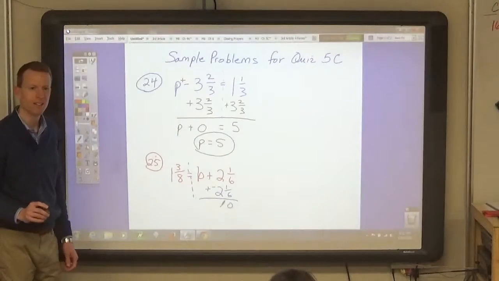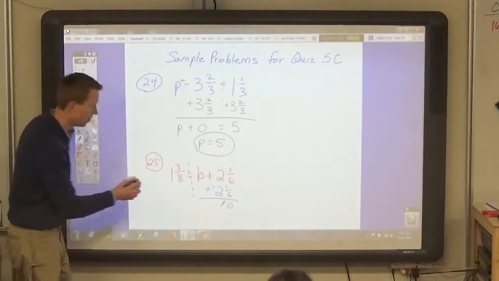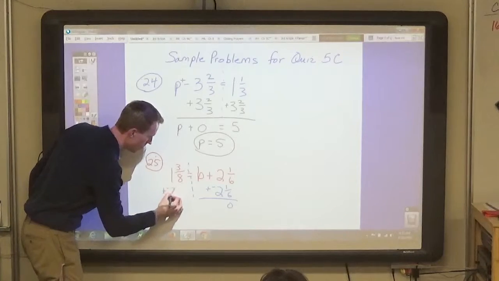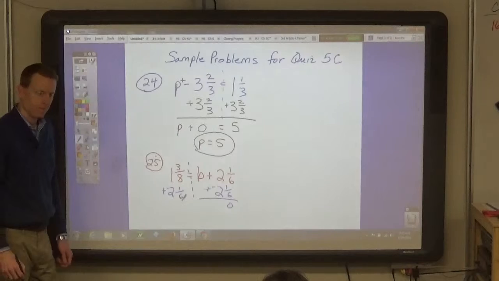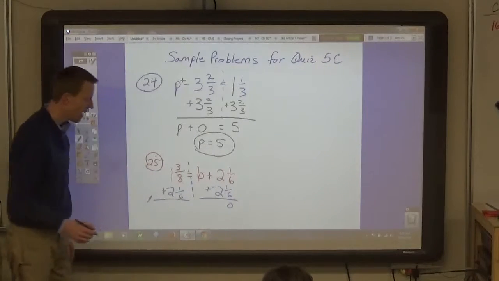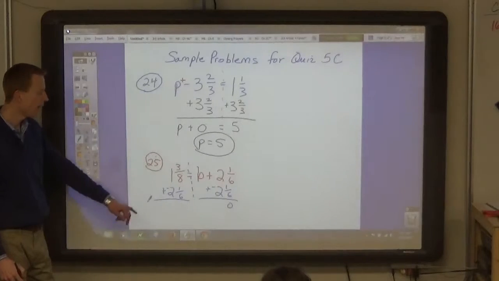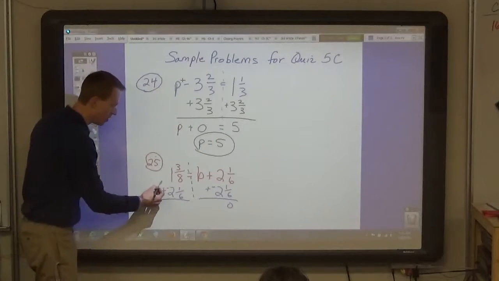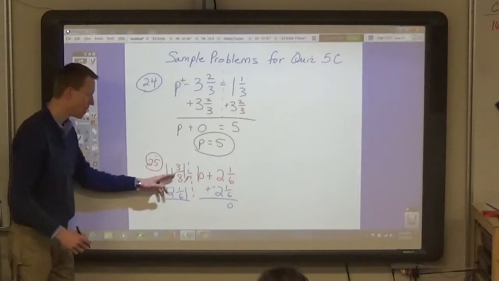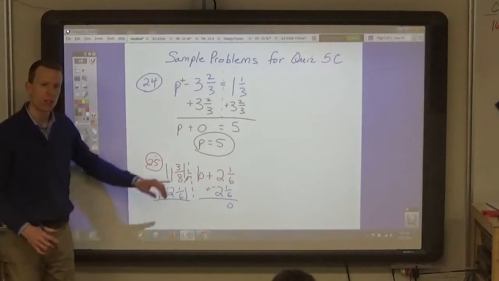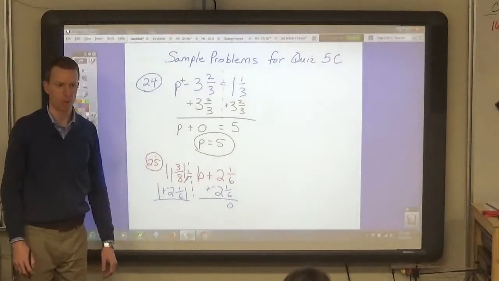Quiet please. Then what? And then on the other side you do the same thing. Okay? We have to add these. Now, when you're adding fractions, you have to remember that since these are positive and negative, you have to do the bigger absolute value minus the smaller absolute value.